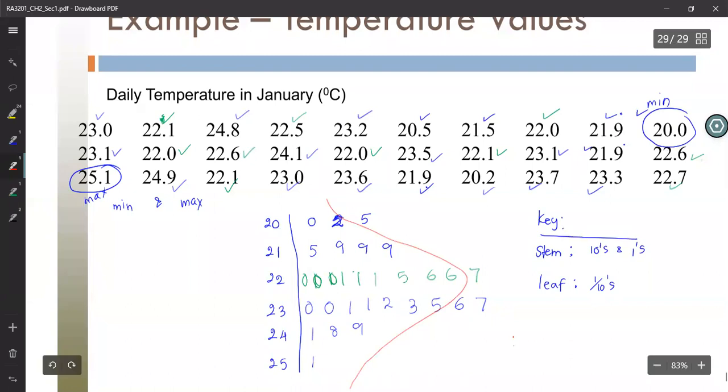We have 3 values, 4 values, 10 values here, and 9 values, 3 values, 1 value, right? So what do you think about this one?